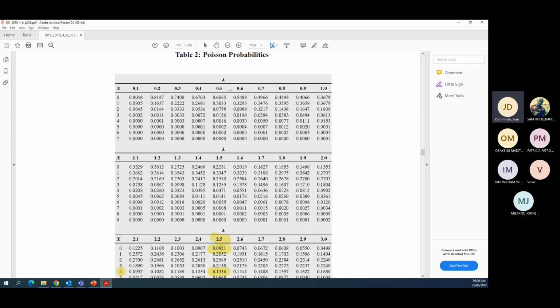So there will not be in the exam anything that is weird, like a 0.55 or a 0.62 or anything like that. So please, in the exam, there won't be any weird stuff like that. If there is a 0.62, you use the 0.6, and that's it.